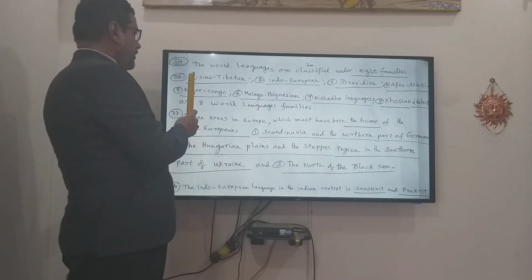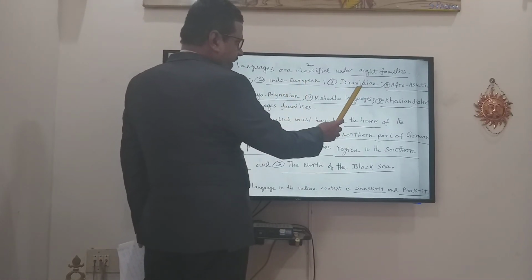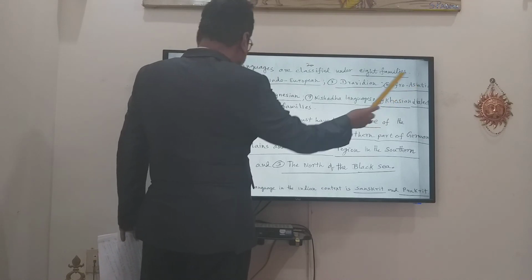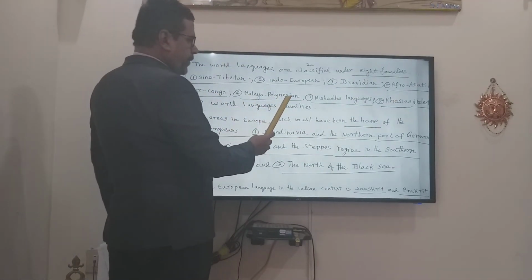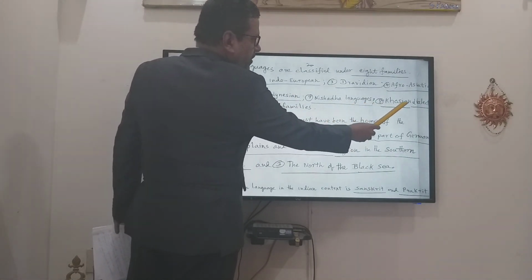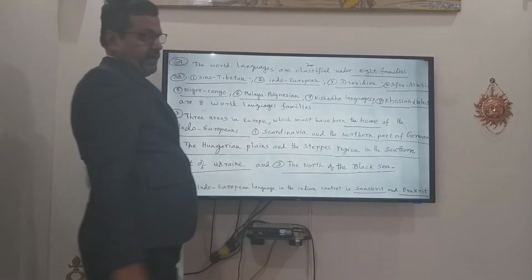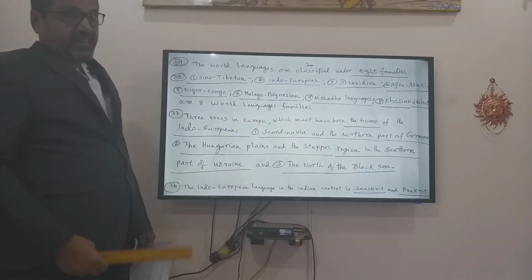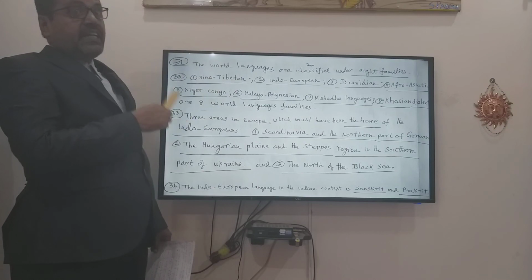Sino-Tibetan, Indo-European, Dravidian, from this only Tamil language, okay? Afro-Asiatic, Niger-Congo, Malayo-Polynesian, Austro-Asiatic, Caucasian are the 8 world language families. Don't confuse. Indo-European has got some 16-17 branches. This is the common 8 world language families.